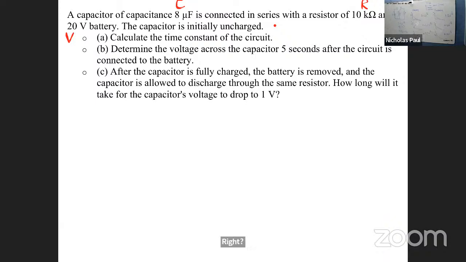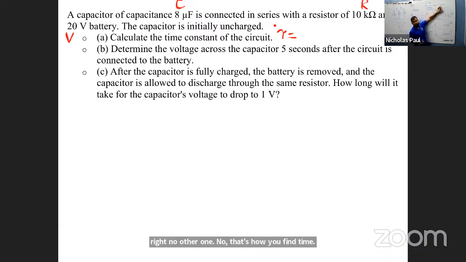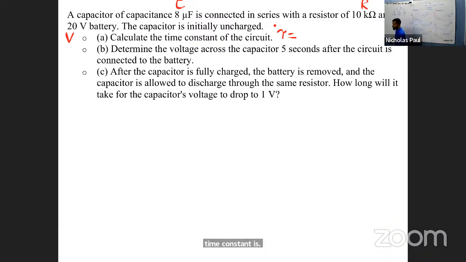Calculate the time constant. How do we find the time constant? Time constant is tau, right? So the symbol is tau.